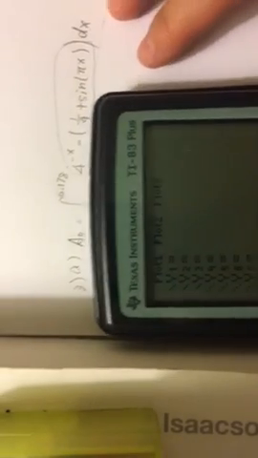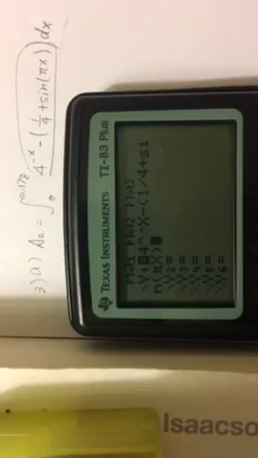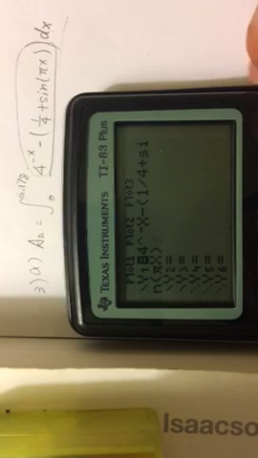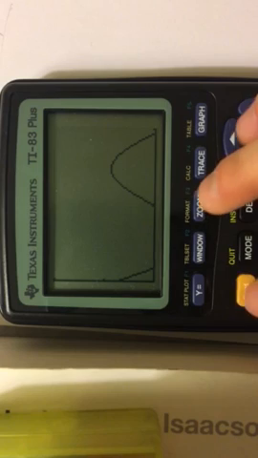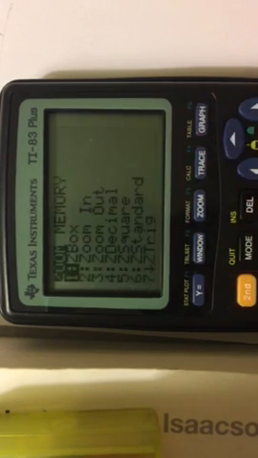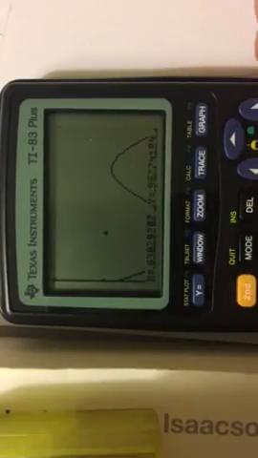So that is 4 to the negative x minus a parenthesis 1/4 plus sine pi x. Okay. And then you hit graph.